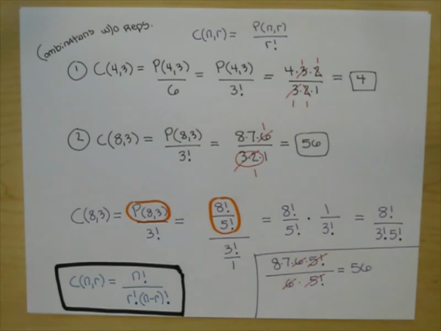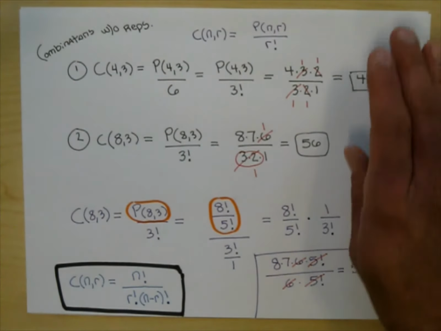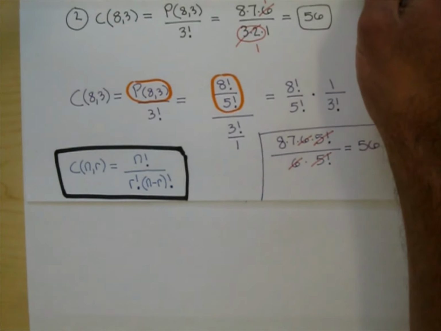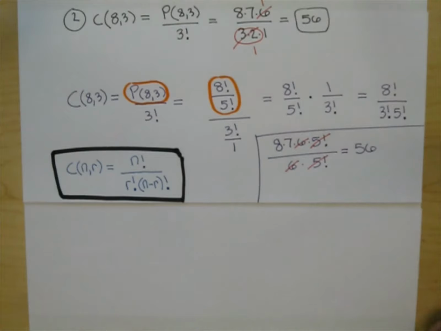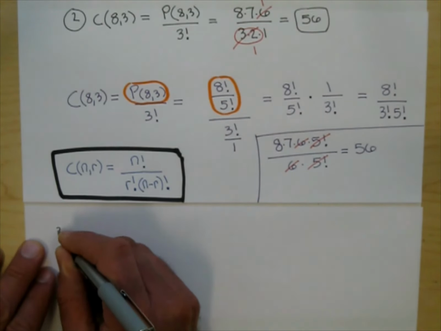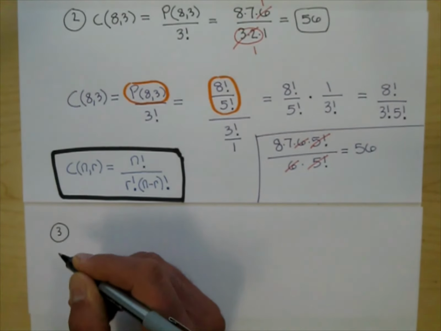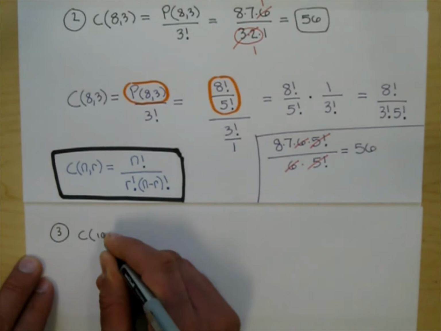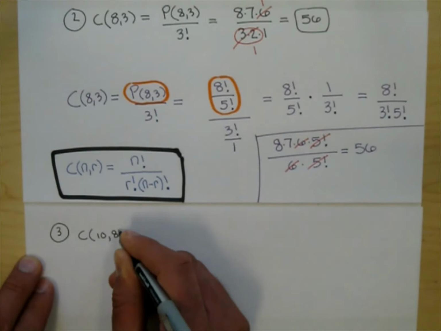So the next example that we do, I need another piece of paper. This will be problem number 3. So here is problem 3: 10 choose 8.